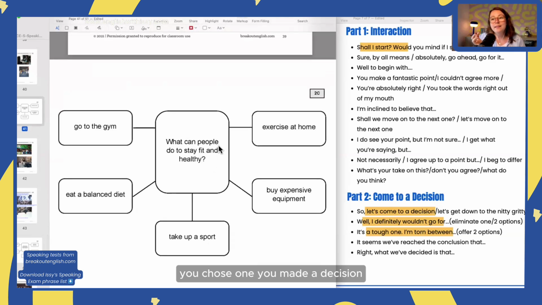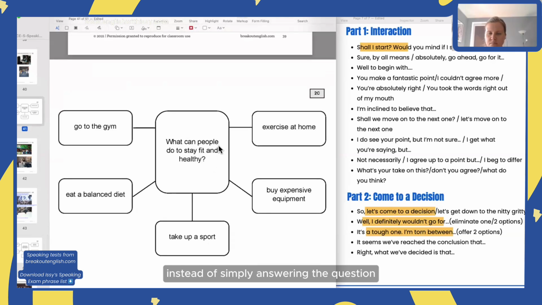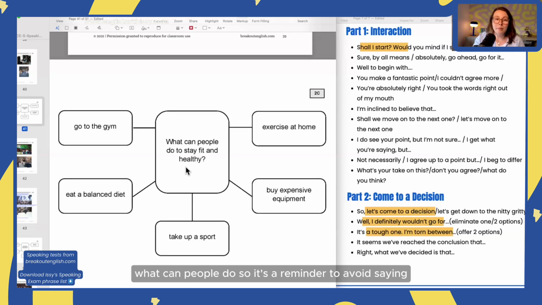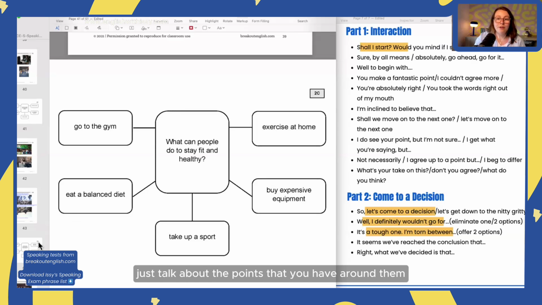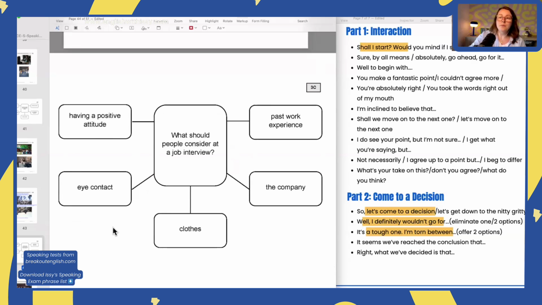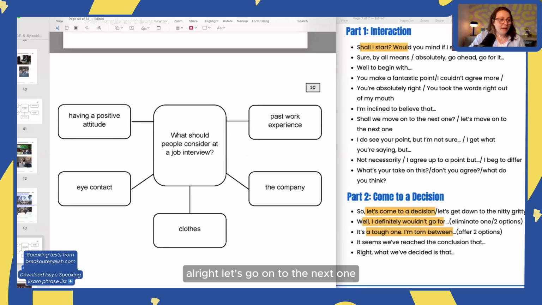You chose one, you made a decision instead of simply answering the question, what can people do? So it's a reminder to avoid saying this is the most important or this is the best thing, because that's what you're going to be doing in the negotiation after. There's no need to decide, just talk about the points that you have around them. Okay? All right, let's go on to the next one, shall we?